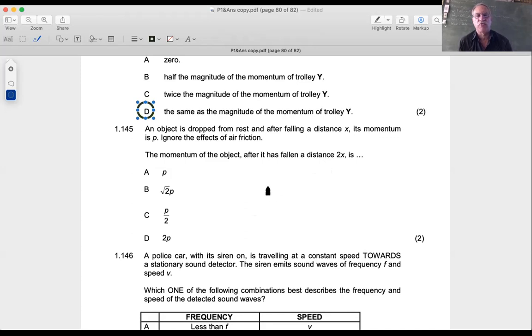Comes from the half mv squared. So if it's falling at x, so its velocity is going to be, after it's fallen the distance 2x.